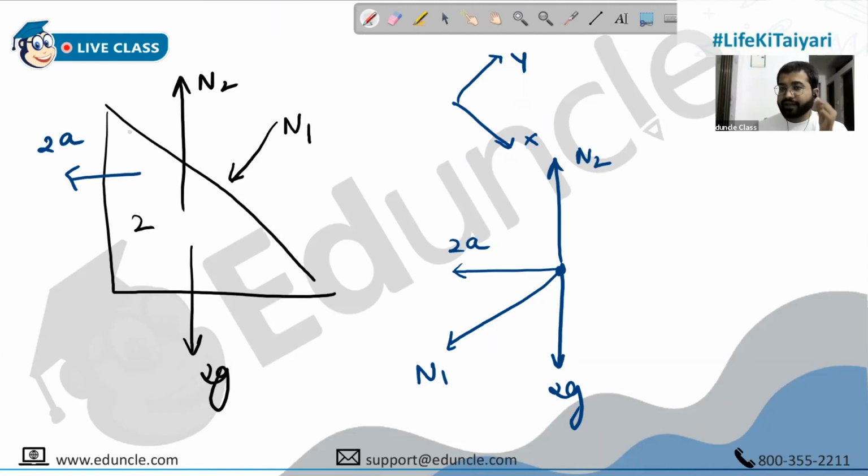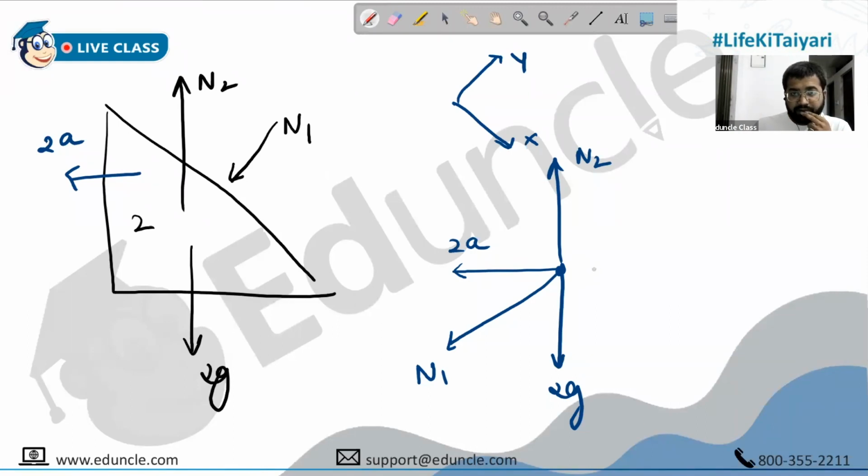In that case, you will apply pseudo force because this was the coordinate system chosen as per the observer. Because you applied a pseudo force on the block, there has to be a pseudo force on the wedge too at the same time. The whole system is moving in the forward direction, so there will be a pseudo force in the backward direction too. Let's try this one last time.